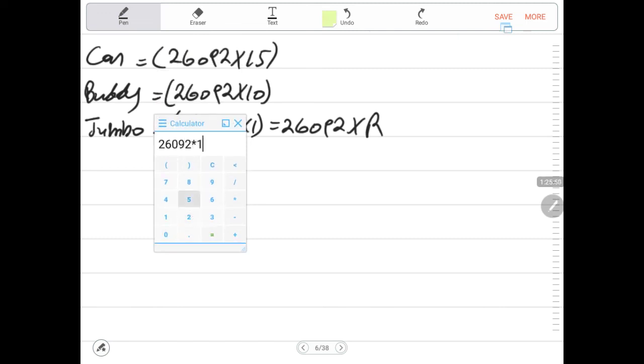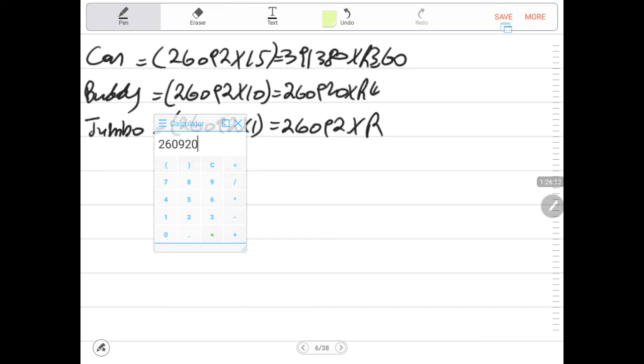26092 times 15 is equal to 391,380, times 360. 26092 times 10 gives us 260,920, times 430 cents. Then we multiply by 150 cents here.